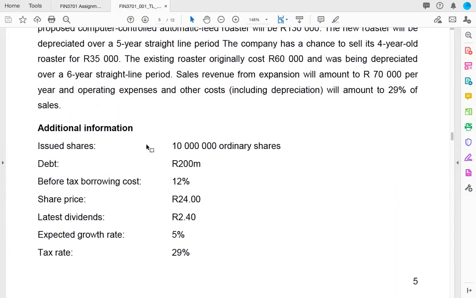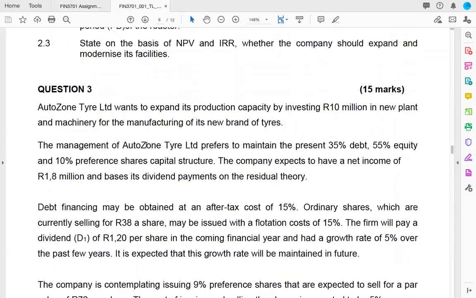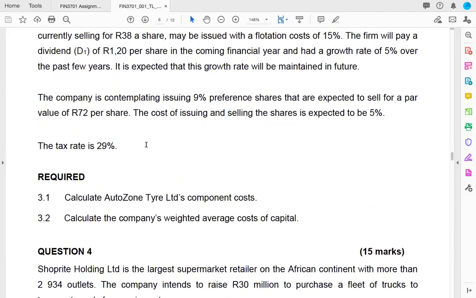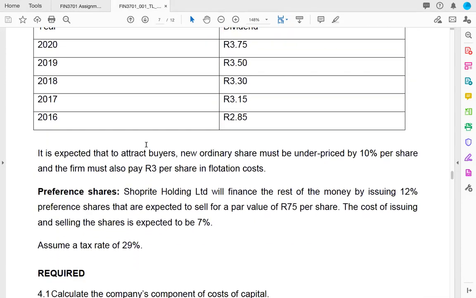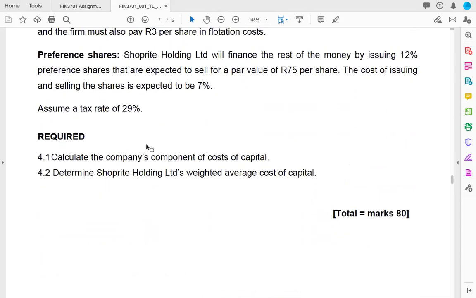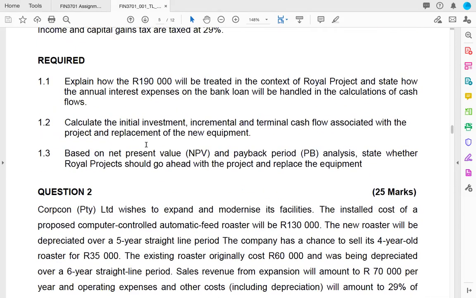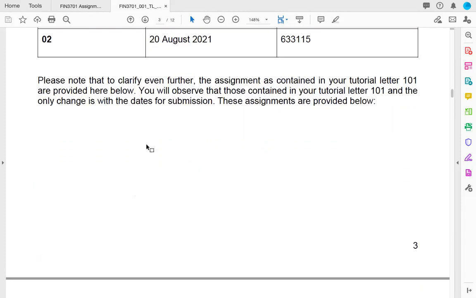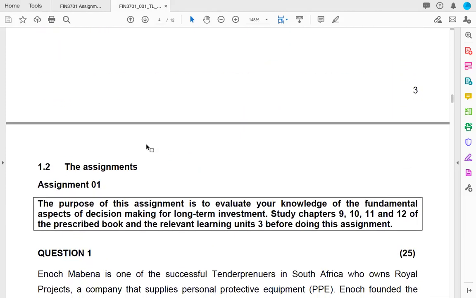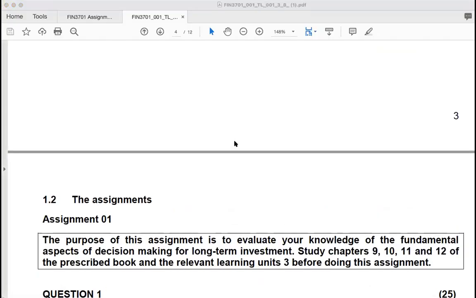The question also looks at cost of capital, WACC, weighted average cost of capital, and calculating the different sources of capital. So it's a good assignment to just practice after having covered some of the important study units in the module.